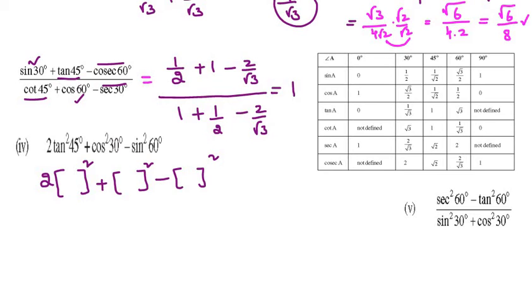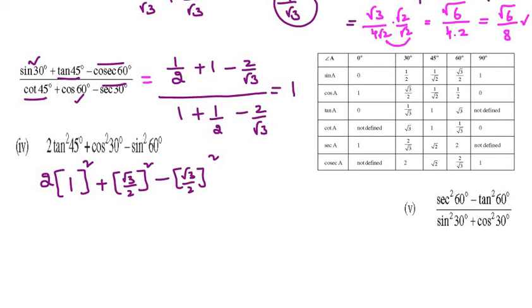So this is how we have to do the problem. So tan 45, you know that very well, tan 45 is 1. Cos 30 is root 3 by 2. And sin 60 is also root 3 by 2.